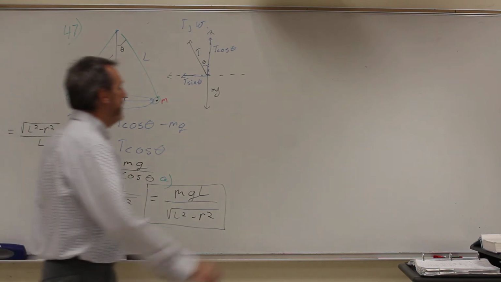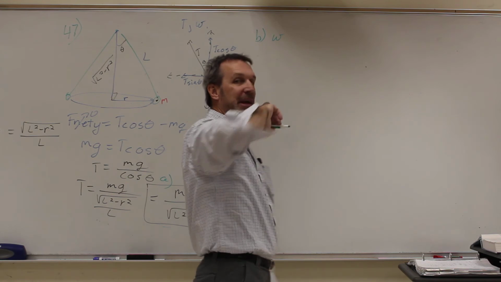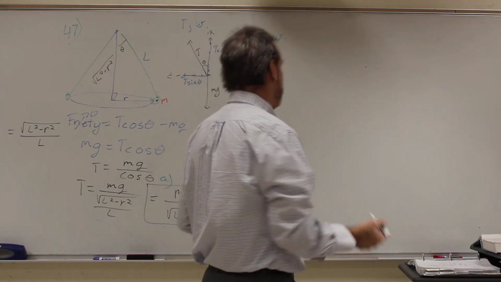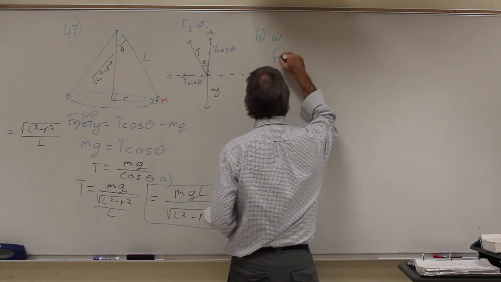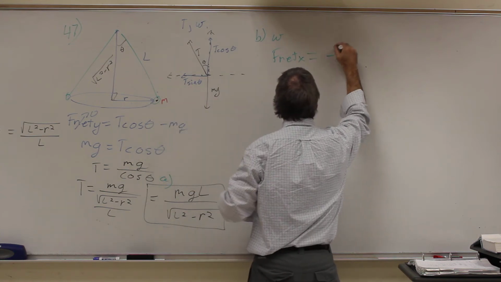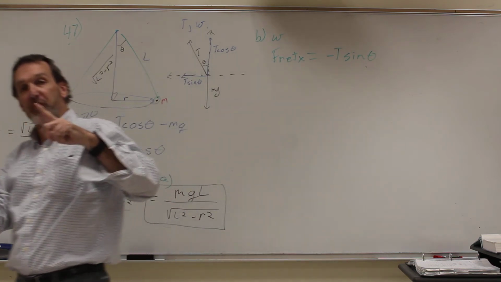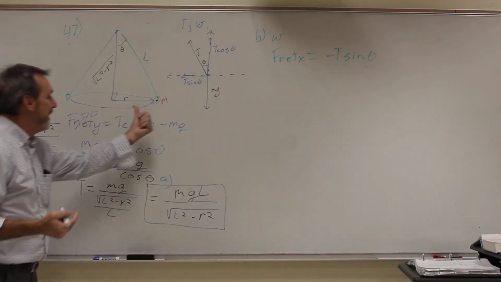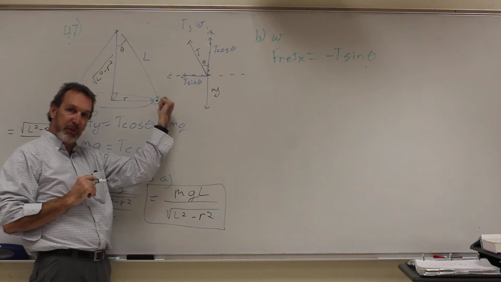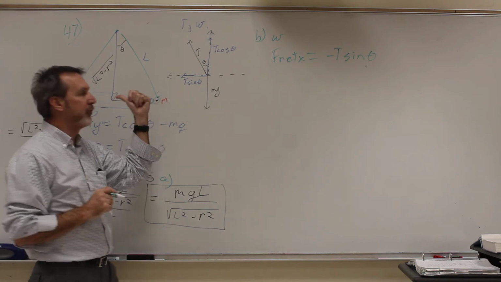Now we have to do part B. In part B, we're looking for omega. To find omega, we have to get the velocity, so we have to do F net x. So F net x is equal to negative T sine theta. But the ball is moving in a circle in the x direction, and at this point where we took the free body diagram, the centripetal acceleration is towards the left, so it's also negative.